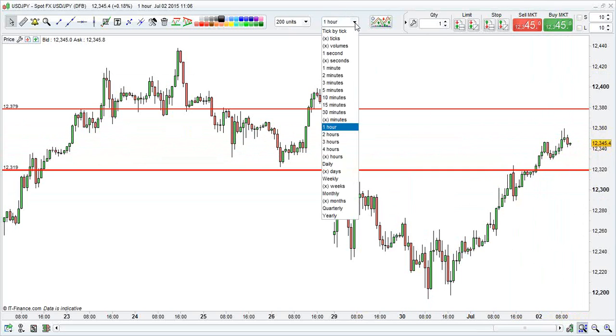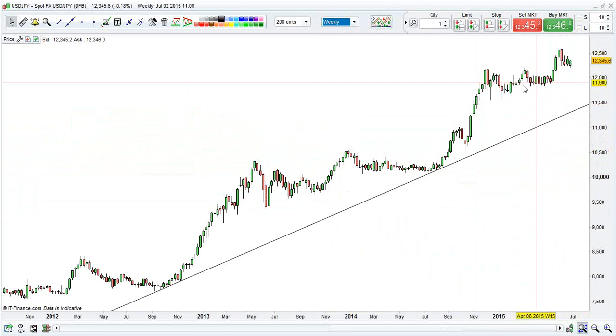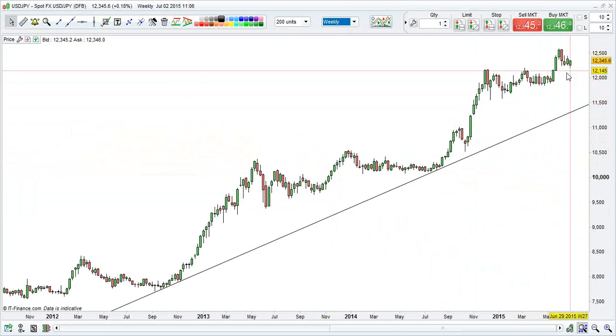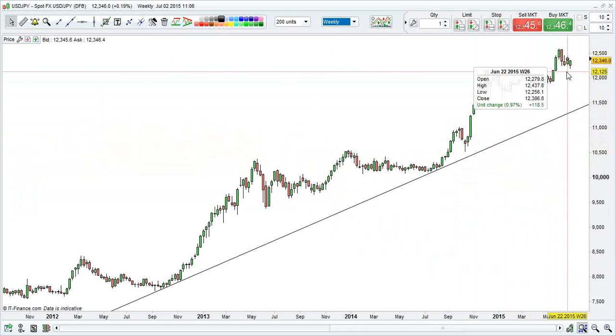Again, the main trend is up, but to take a trade now is not a high probability trade, because we don't have the information. We don't know whether the Greek situation will be resolved. Will they stay in the Eurozone, or will the people vote no and remove themselves from the Eurozone?